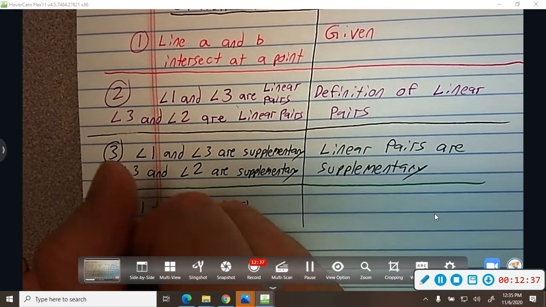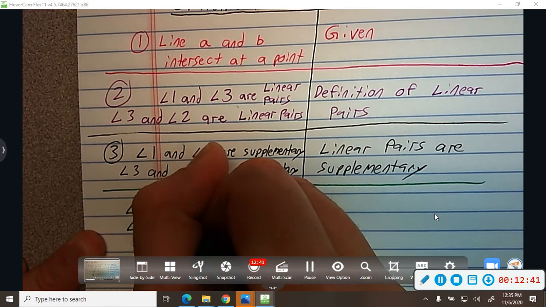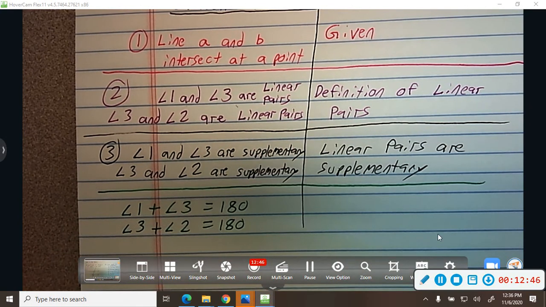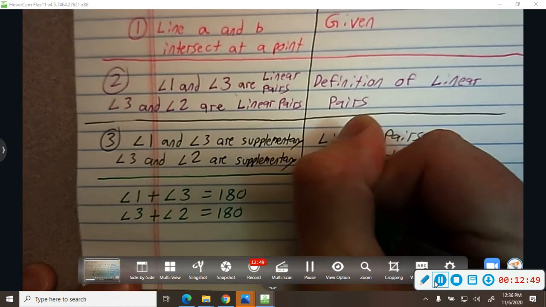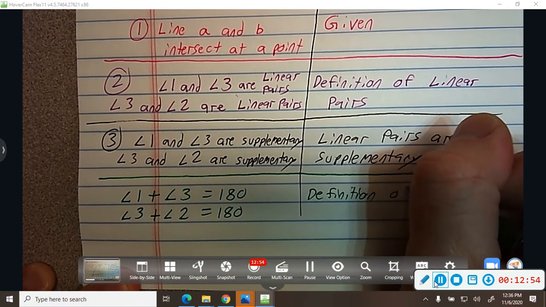And I'm also going to say that angle 3 plus angle 2 equals 180. How do I know that? That's the definition of supplementary angles.